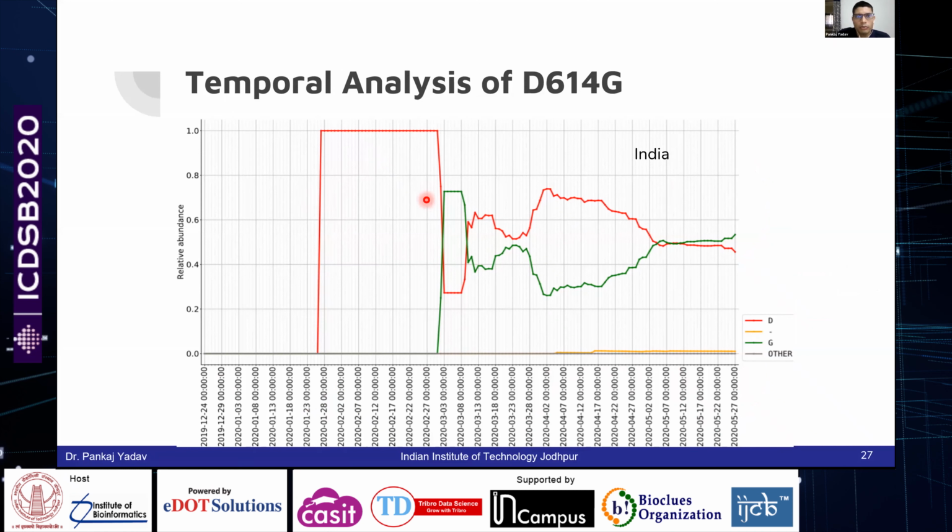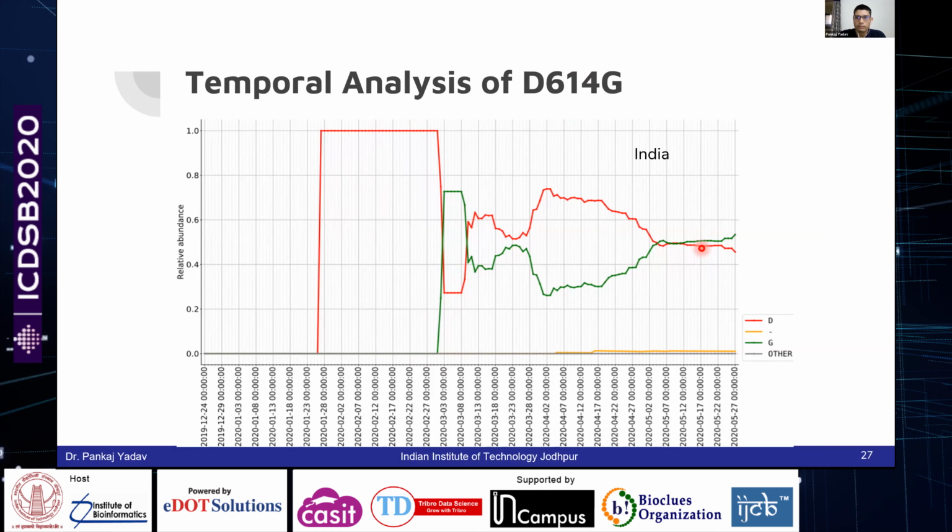If you look at the temporal analysis for this position, the D type was really prevalent in the beginning, and as time progressed, the D and G virus got in almost equal proportions. The G subtype of the virus started around the end of March, beginning of March, and then it started getting more prevalence.